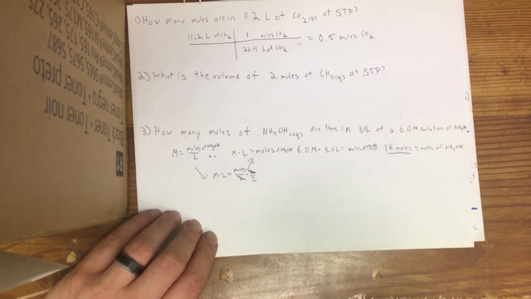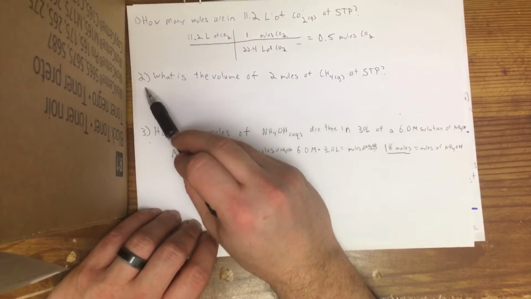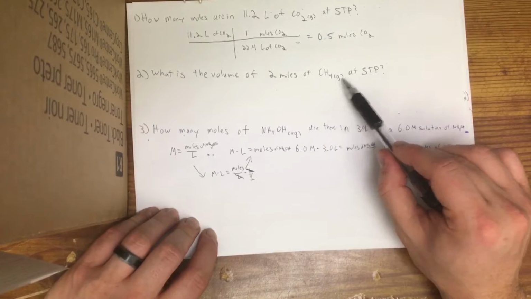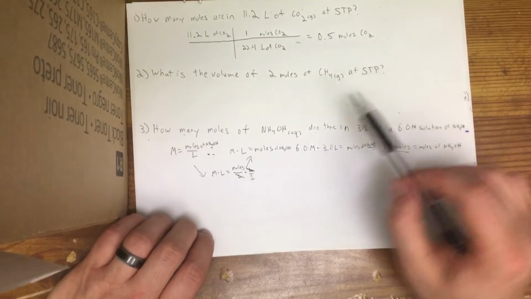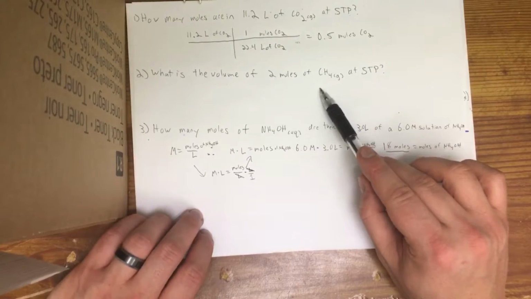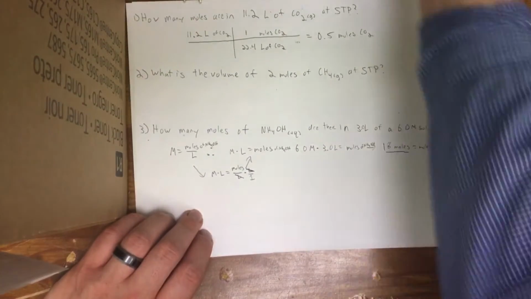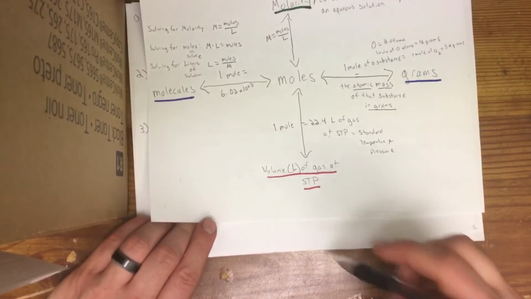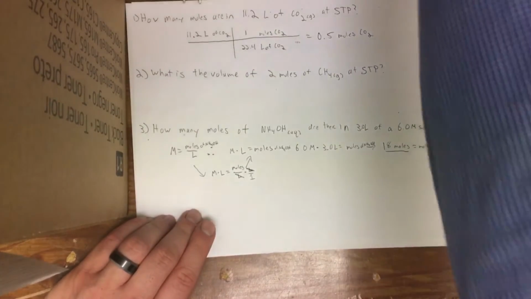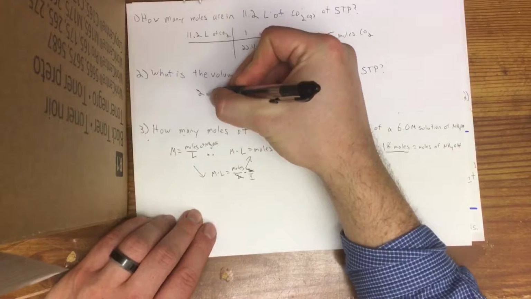Okay, so let's look at another problem. What is the volume of 2 moles of methane gas at STP? Okay, so we see volume of gas at STP. We know that our answer is going to be liters of gas, and we know we're again going to use this simple conversion, that 1 mole of gas equals 22.4 liters. So we'll set up a railroad diagram. We start with what we know.